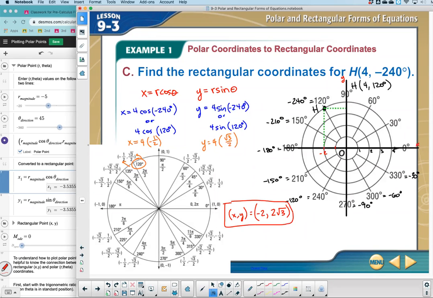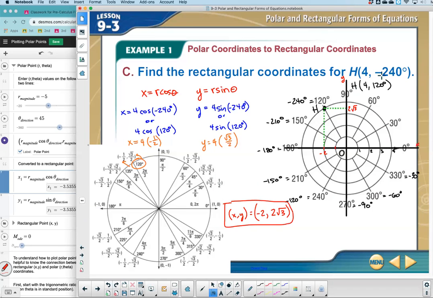The y value would be up 2 square roots of 3 units. Square root of 3 is like 1.73, so if you doubled that, it'd be basically 3.46. So you can see it's in between circle 3 and circle 4. That would be the point.